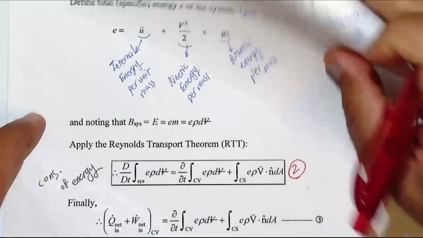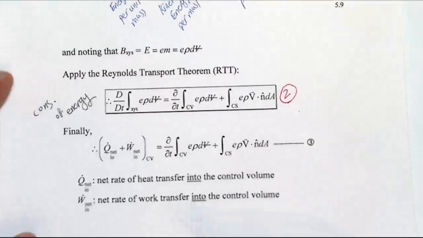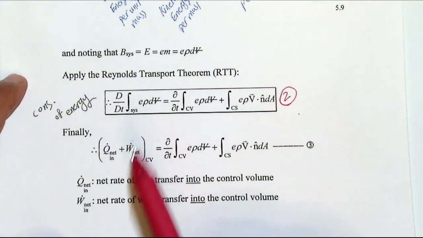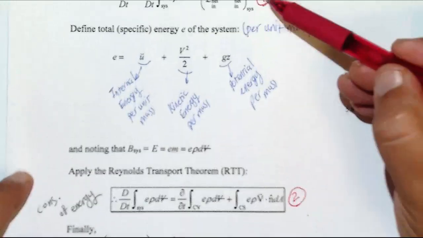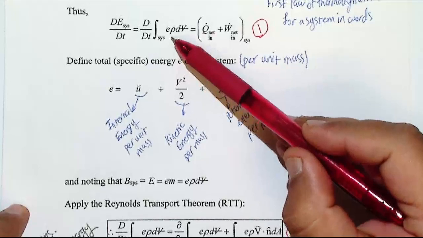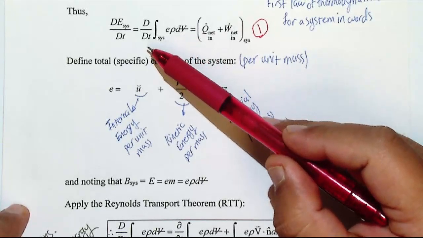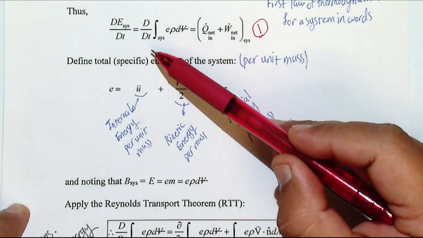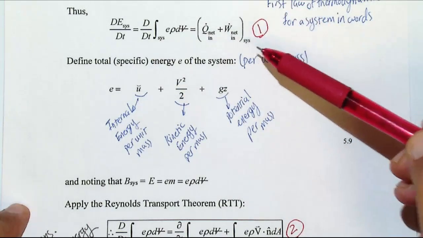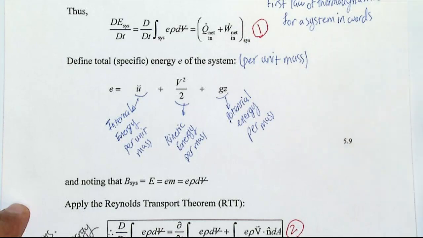So you remember that we can substitute 1 into 2. Why? Because the left hand side in equation 1 is the total derivative of energy of a system, and it is equal to the net rate of heat transfer into the system and net rate of work transfer into the system.